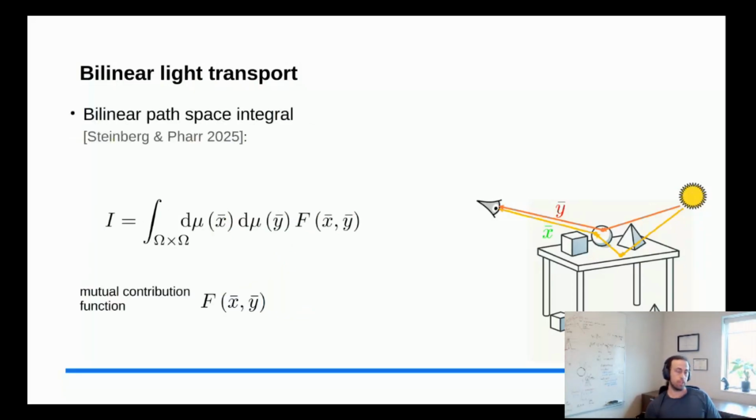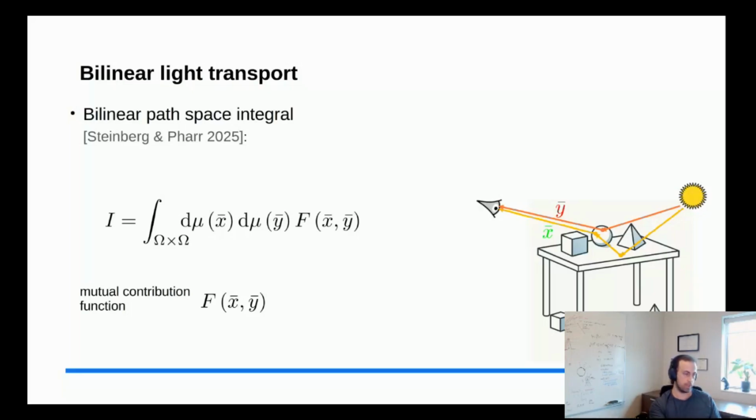Such frameworks have not been studied from the perspective of path tracing, and in recent work we generalized the classical path integral to the bilinear case, producing the following bilinear path integral. It is a very simple generalization, of course. We now simply integrate over all pairs of paths, and we consider their mutual contribution. The mutual contribution may be negative.